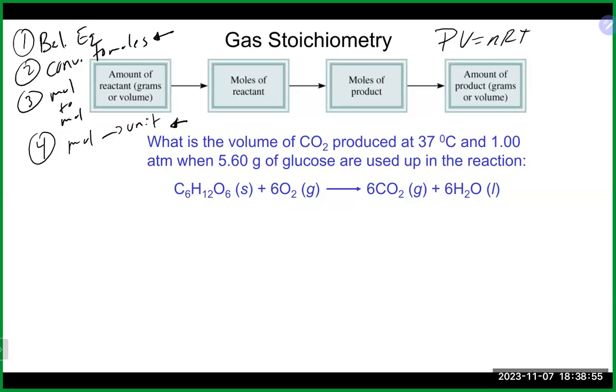So if you have a way from the information given in the problem to get to the moles of each of those reactants, either through grams and the molar mass, using the ideal gas law, molarity and volume, whatever it may be, then it is a limiting reagent problem. And you do need to do, obviously, the limiting reagent calculation.